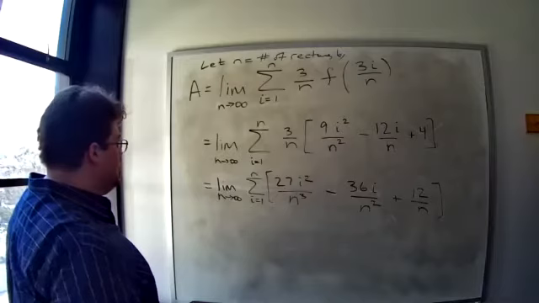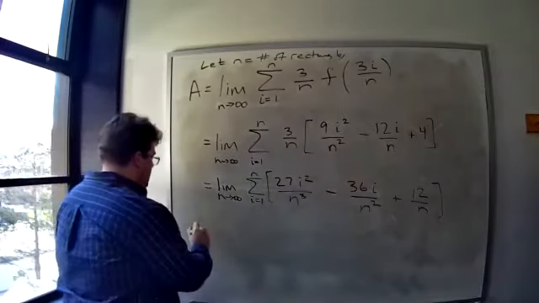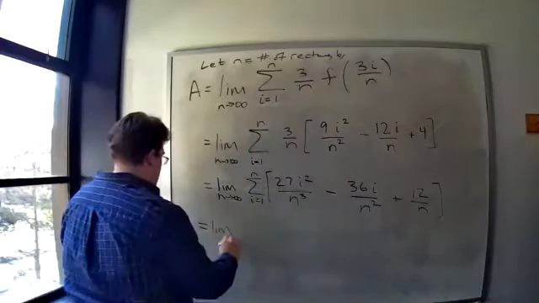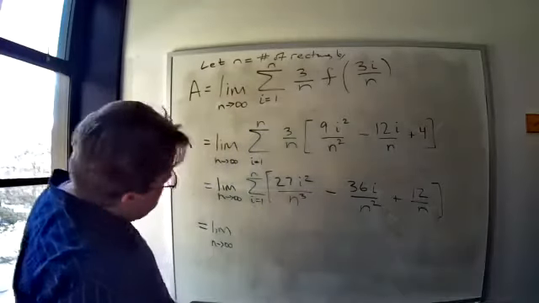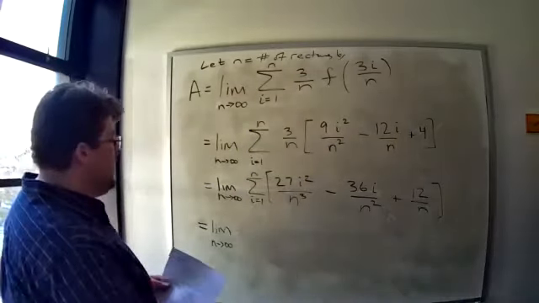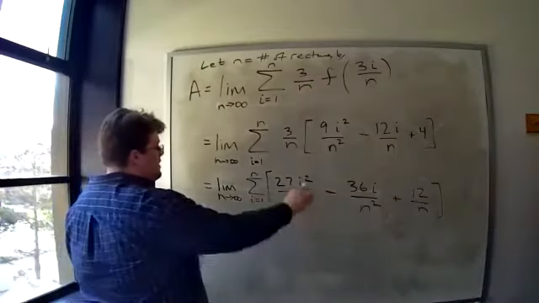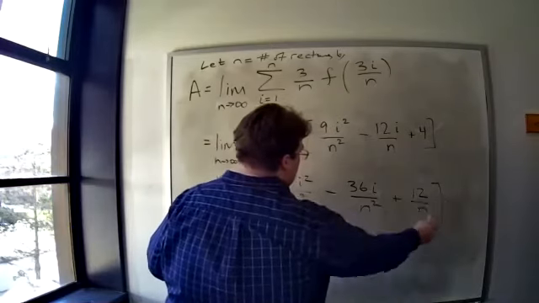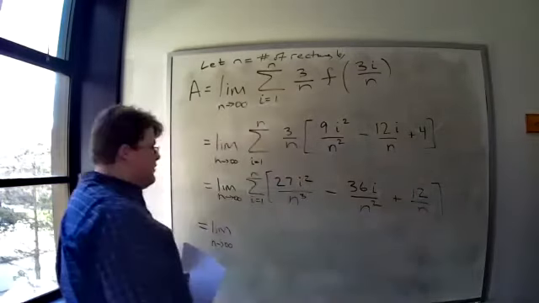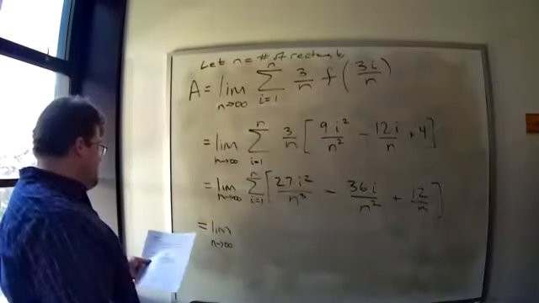Okay, now we're going to deal with the sums. The formulas given tell us how to deal with the sum of i squared, the sum of i, and the sum of 1. Which I don't write, but there's a 1 there, 12 over n times 1.